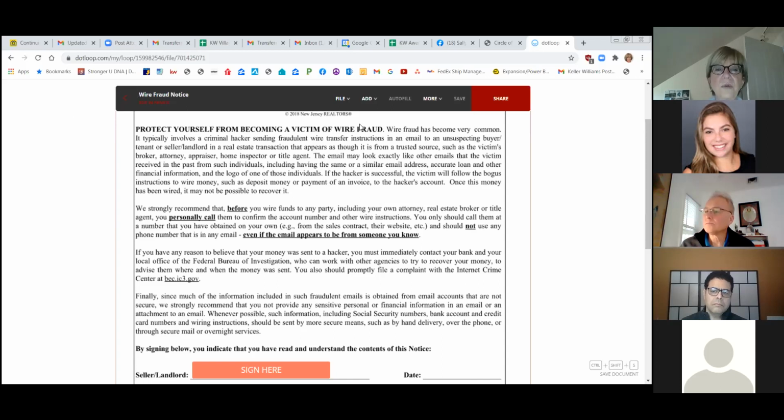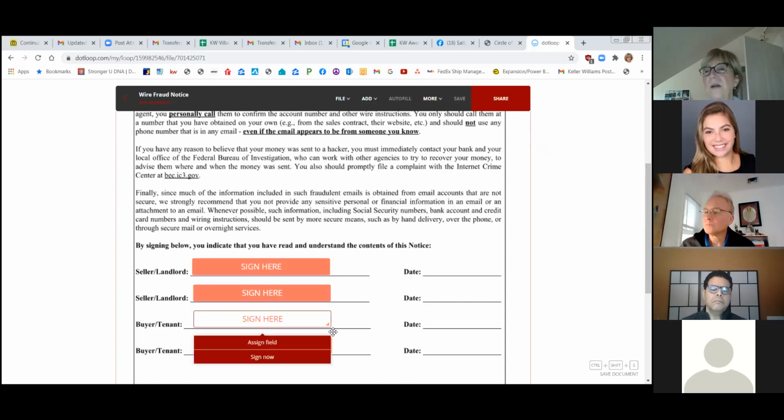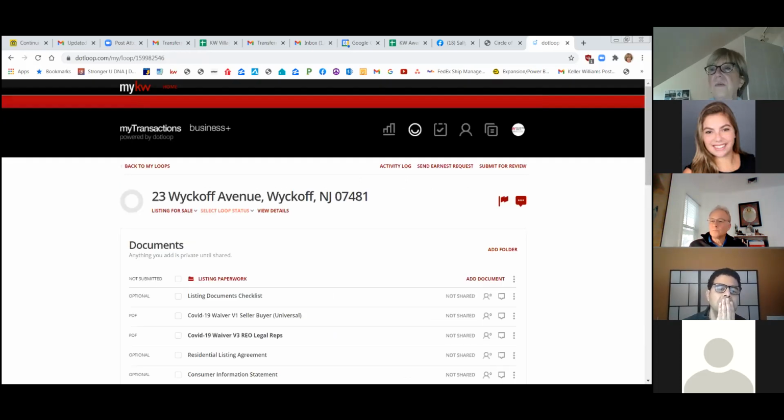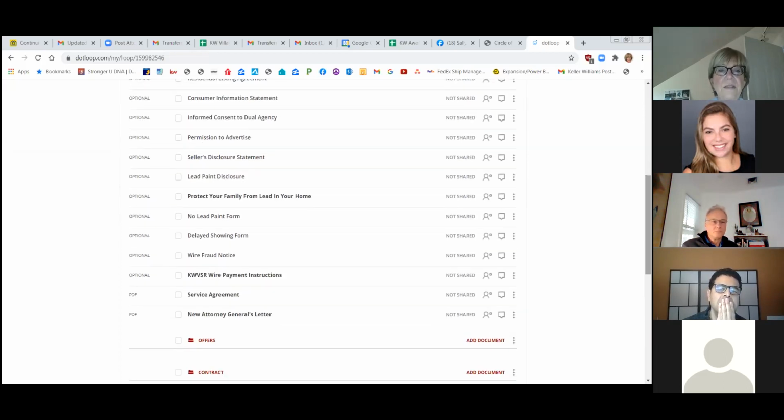So that's super important, and so important that we have our sellers and our landlords sign that they're aware of this so that they don't get scammed. And we also have it in our buyer package when you're doing a contract, because they could also get one of these requests. So those are the documents that have to be signed.